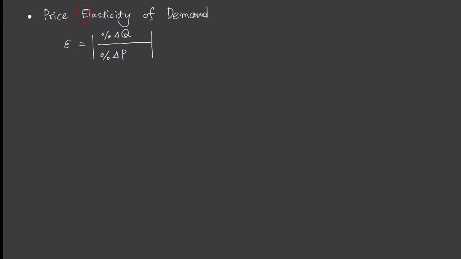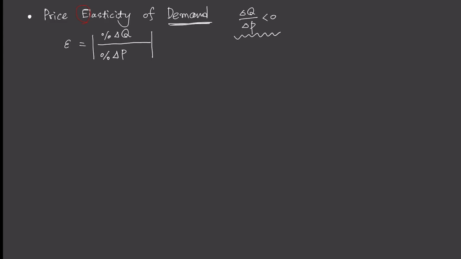But originally, in the case of demand, as we know from the law of demand, there is a negative relationship. So delta Q over delta P, the slope of the demand curve, is always negative. So we want to make the elasticity positive.